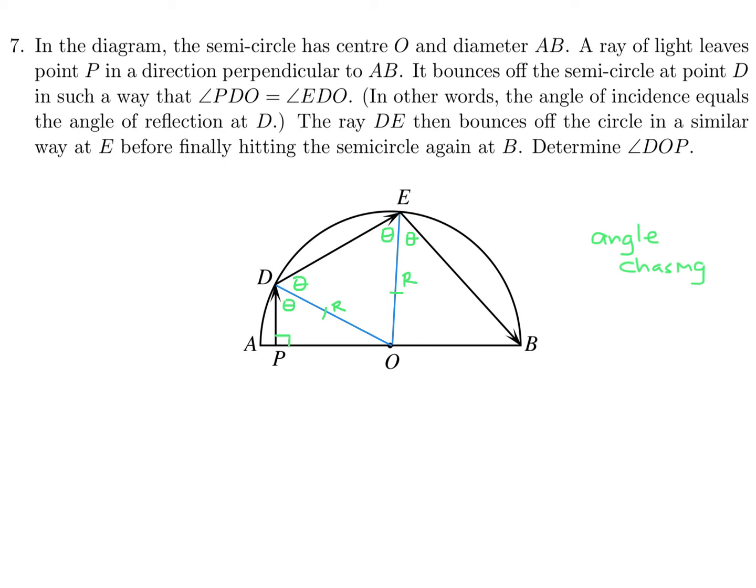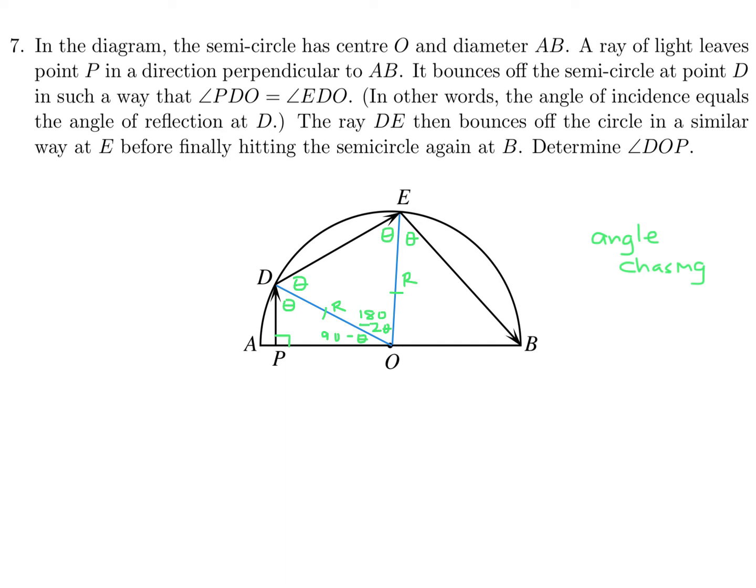Let's see, where can we go here? Well, I'll just fill them in. That angle in there is going to be 90 minus theta, because the sum of the angles of that triangle are 180. This angle in here is 180 minus 2 theta. And then this angle in here, that's an interesting one, because that's 180 minus this and this.